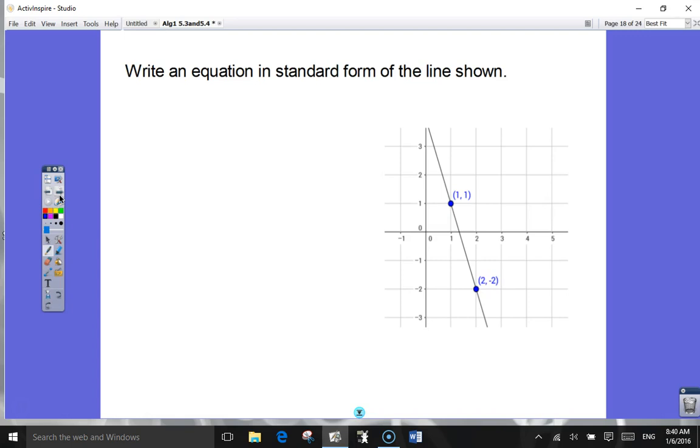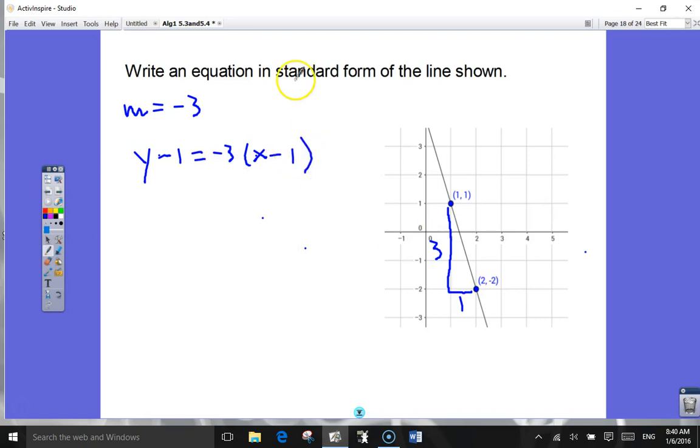So from the graph, down 3, right 1. So m equals -3. Point-slope, use one of those points. How about (1, 1)? y minus 1 equals m times x minus 1. I've got to fill that in. -3 times x minus 1.